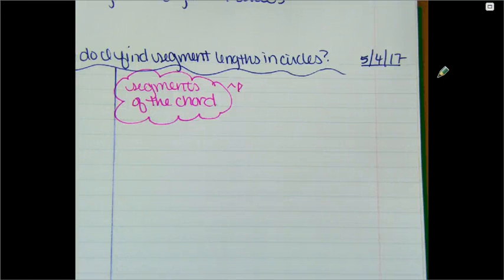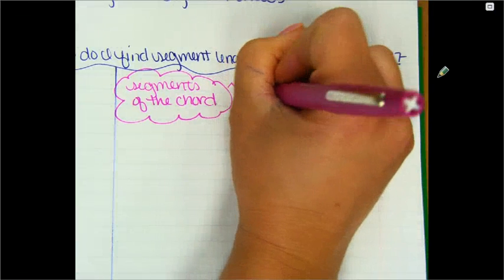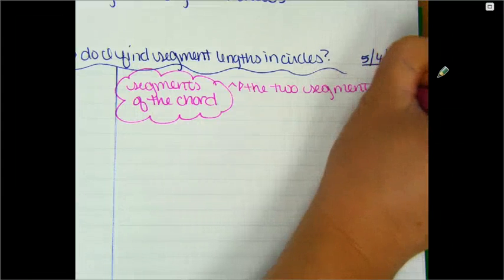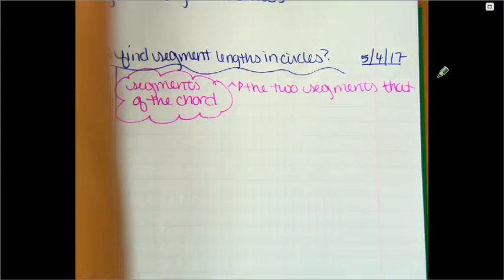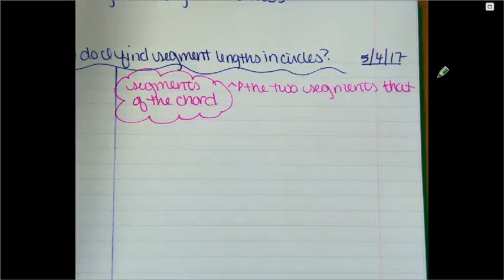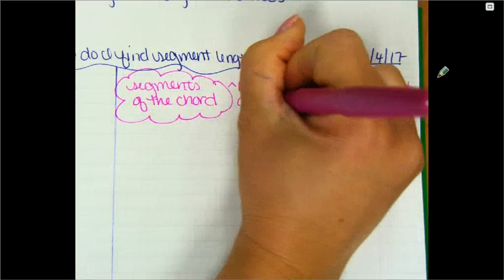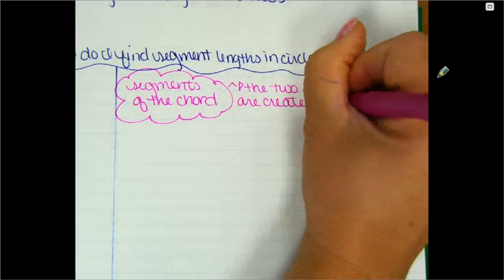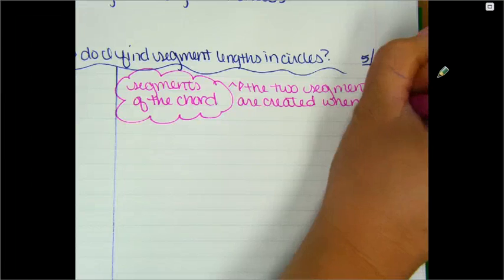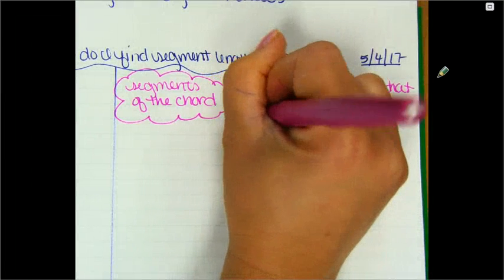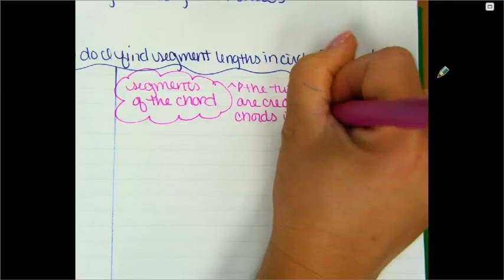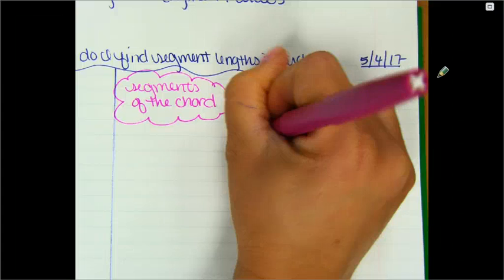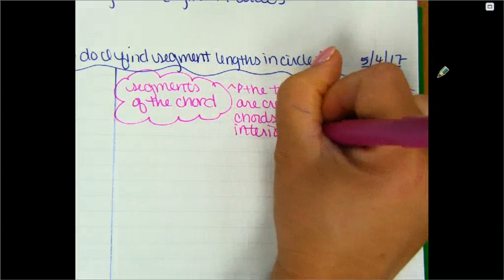It is the two segments that are created when two chords intersect in the interior of the circle.